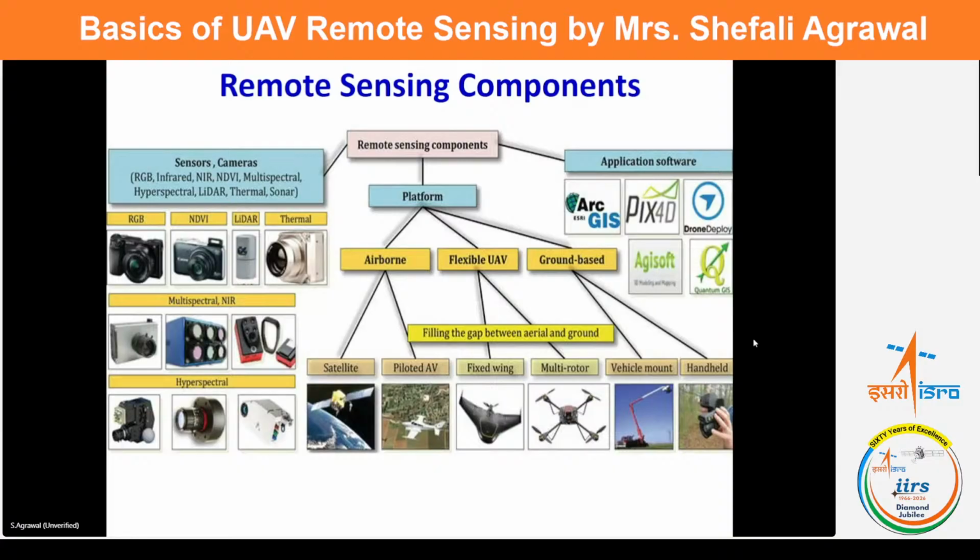Now, satellite-based platforms, as you are all aware, provide good spectral and temporal coverage. We have a large range of spectral data sets like multispectral, hyperspectral, and thermal, but the spatial resolution is in meters, and to some extent we now have centimeters also, but with limited coverage, and sub-meter is also available.